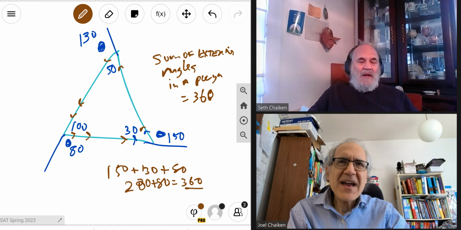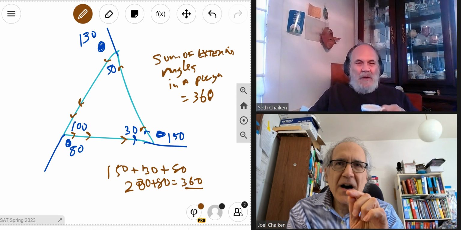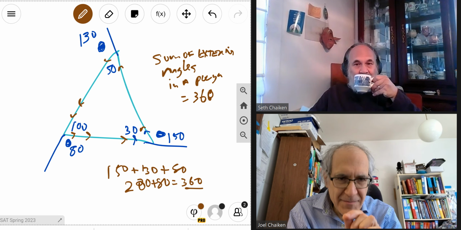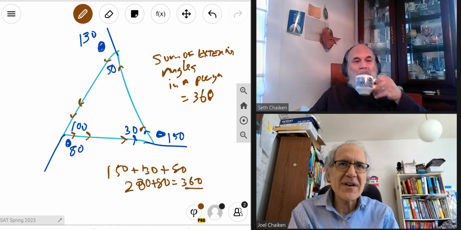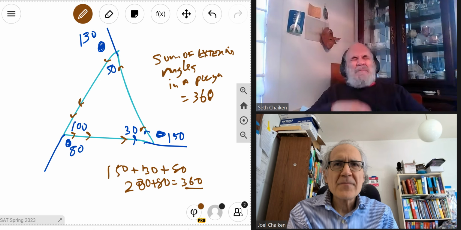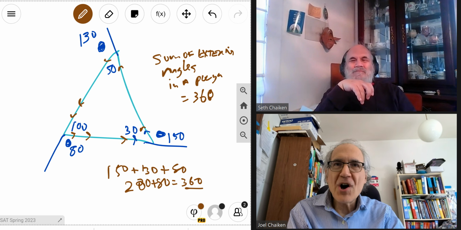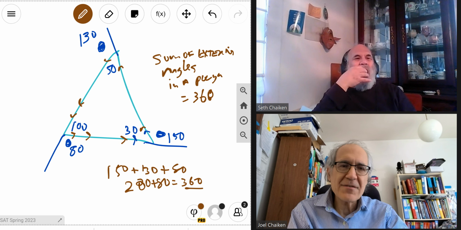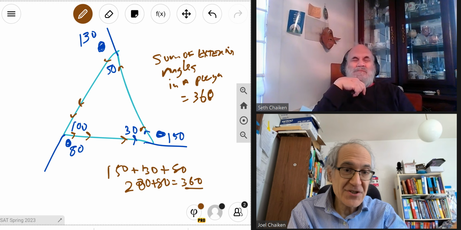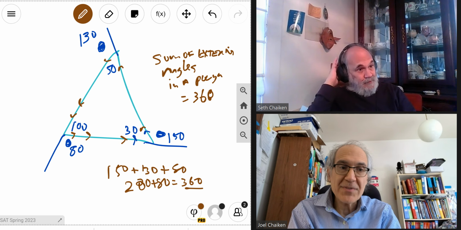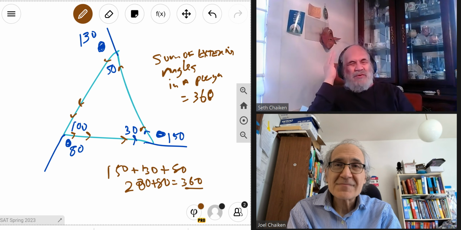On my list, the sum of the internal angles of a polygon is 180 times n minus 2. And then each internal angle, you divide by n if they're equal. But nowhere on here does it say the sum of the exterior angles. So either I missed it on my cheat sheet, or you didn't have to know it, but you should know it.